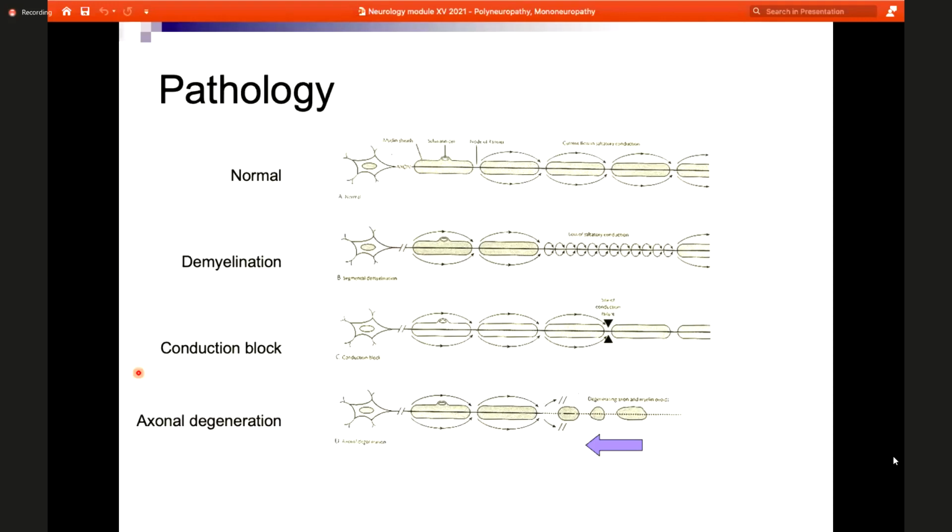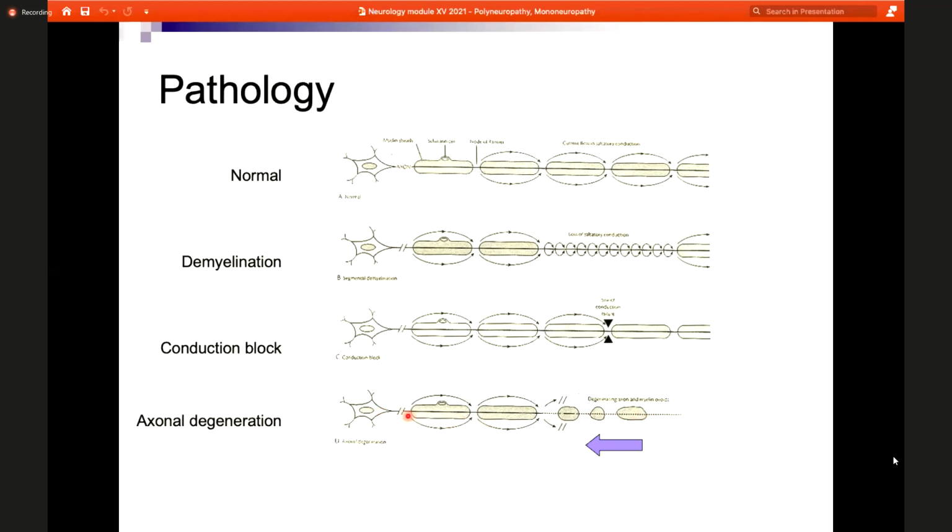Now the bottom picture shows what happens in axonal degeneration. So in axonal degeneration, the axon dies. And these axons die in response to whatever the insult that damages the nerve. And you know, in peripheral nerves, we have what we call axoplasmic transport.